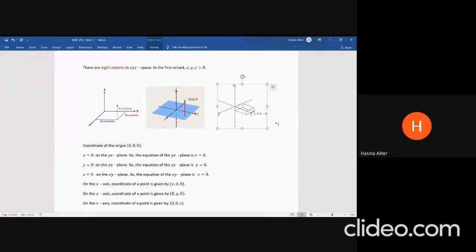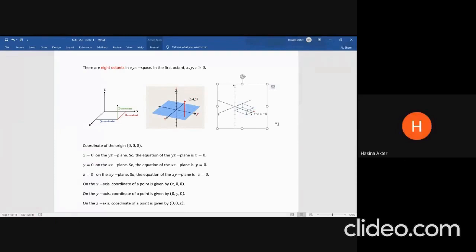Again, if I get back to the xy plane, can you tell me the equation of the x-axis? Y equals 0. Very good. Now let's move to three dimensions. We have already discussed, if we have any point on the XY plane, what should be the Z value of that point? Z equals 0.